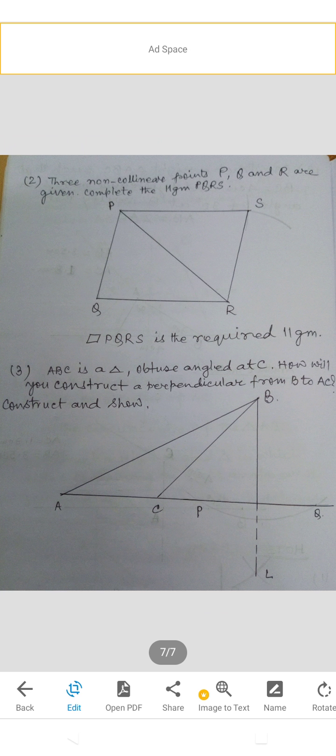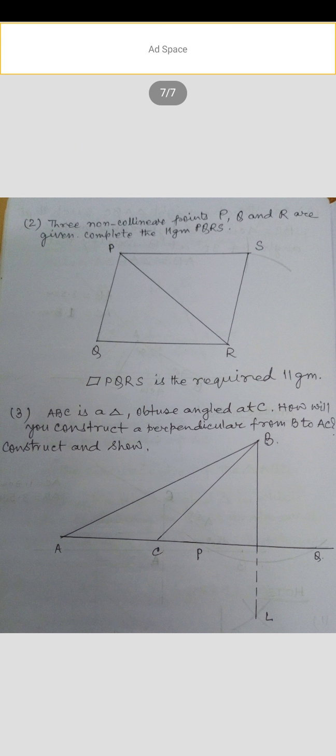Now you know that the opposite sides of a parallelogram are parallel and equal. So with P as a center and PS equal to QR, draw an arc.